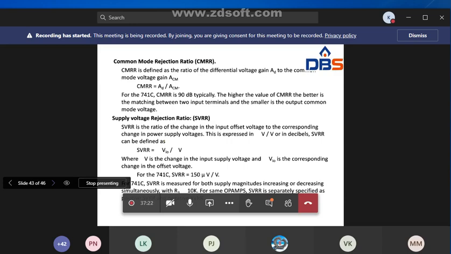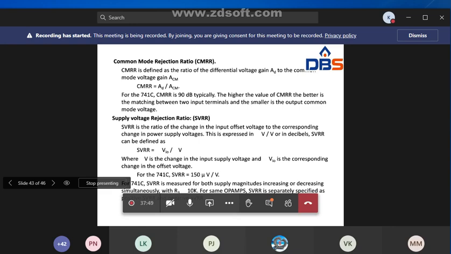Next one is common mode rejection ratio. We know that CMRR is defined as the ratio of the differential voltage gain to the common mode gain, so CMRR is AD by AC.